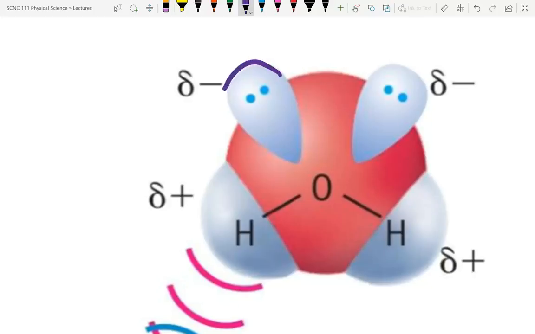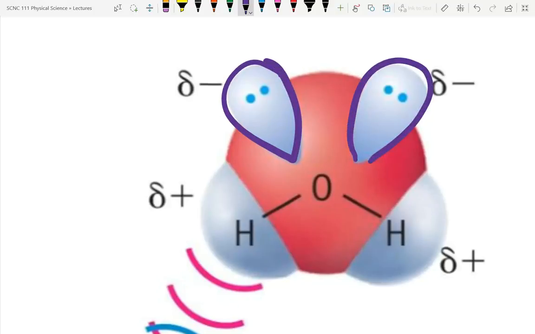And you have the lone pairs of the oxygen, 2 electrons hanging out together, giving it negative charge regions. And so the reason it's bent is because of those lone pairs pushing the bonds around. And so that's an actual illustration of why it's bent.